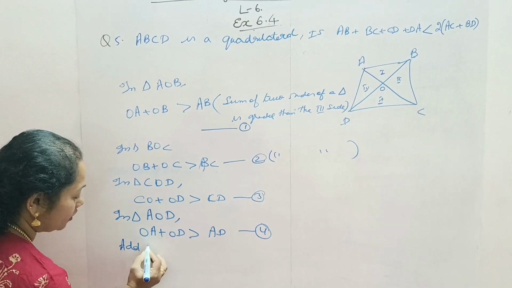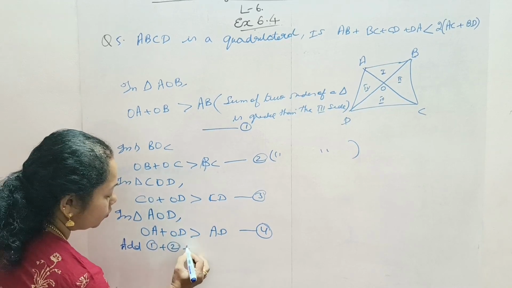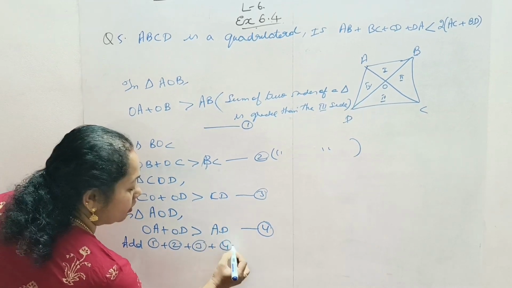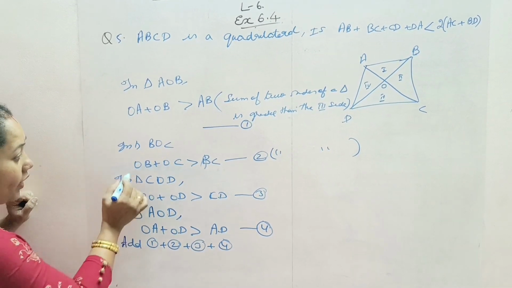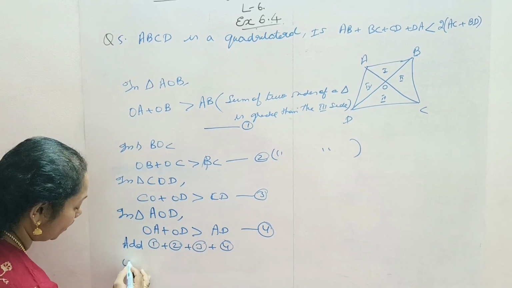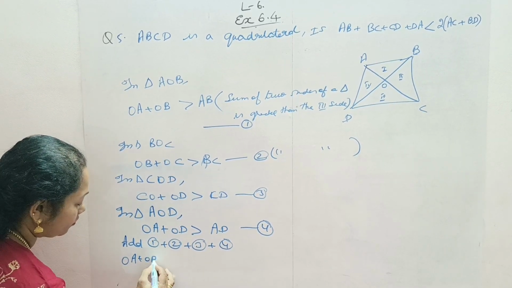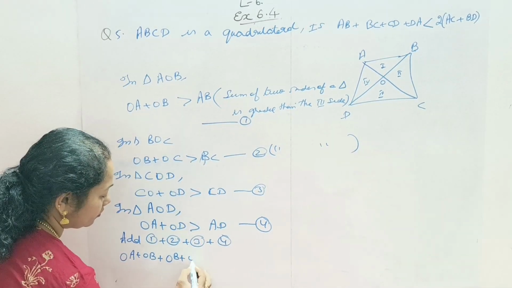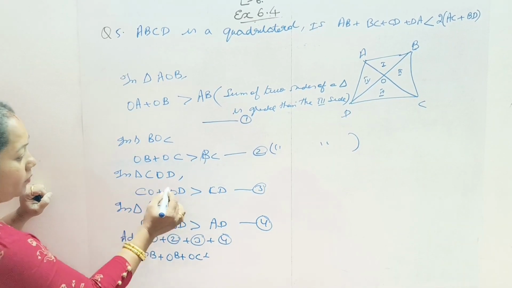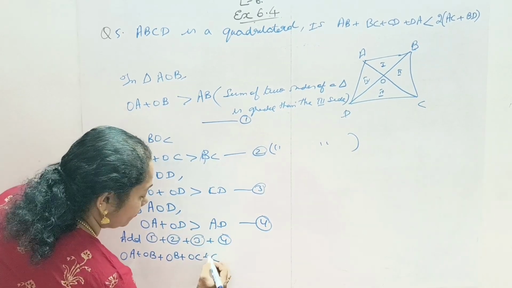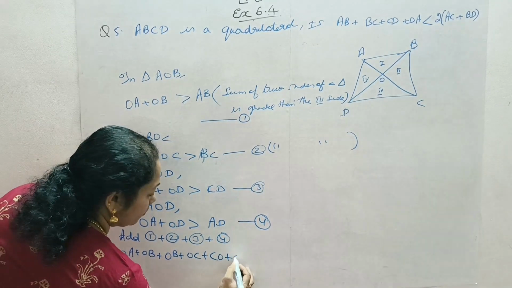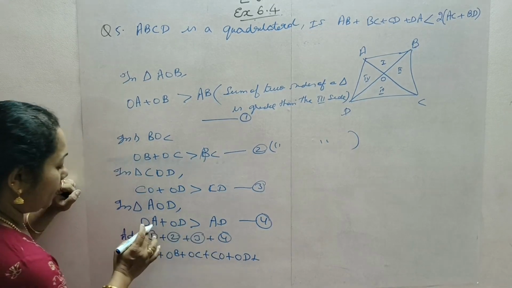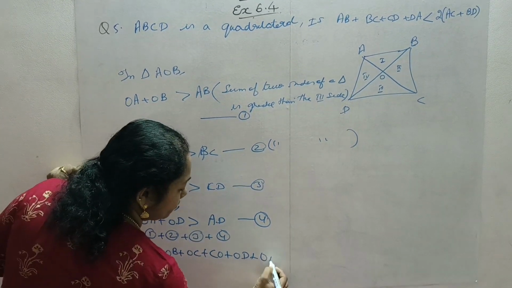Add 1, 2, 3 and 4. So let us add OA plus OB plus OB plus OC plus OC plus OD plus OA plus OD.